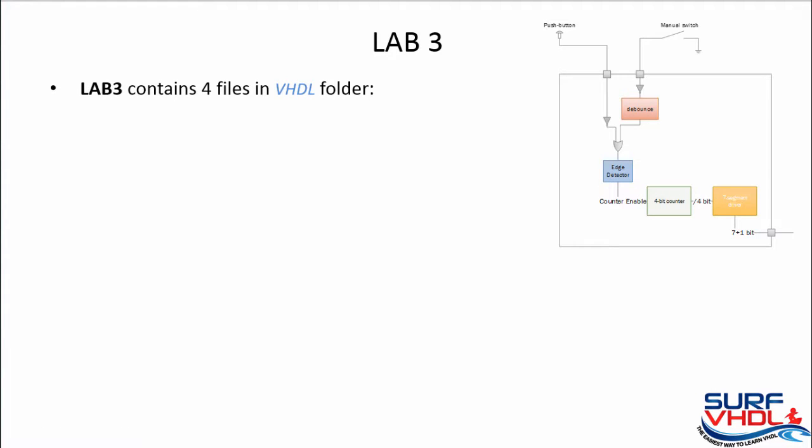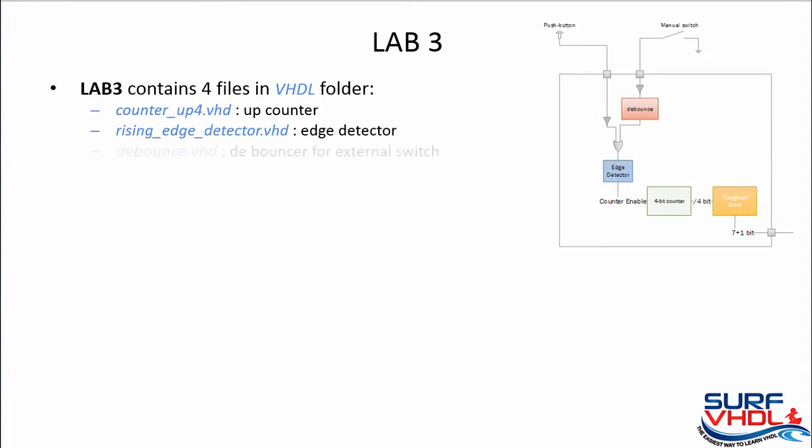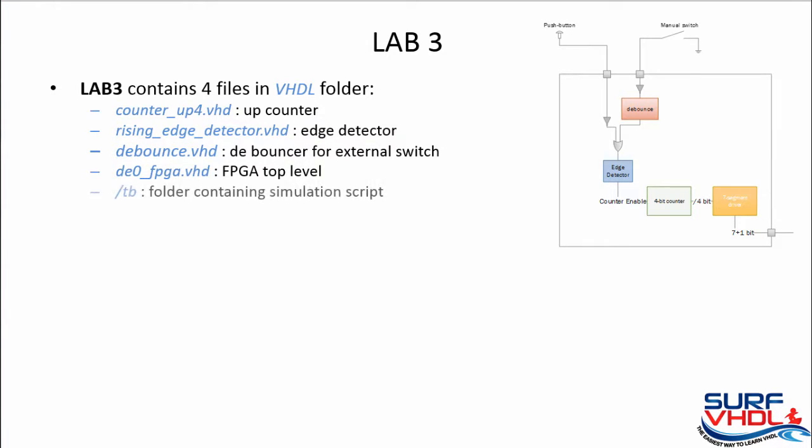So go in the lab3 folder, and in the VHDL folder you will find 4 files: counter app, rising edge detector, debounce.vhd, and the top level DA0 FPGA. There is also a TB folder containing the simulation script. Open the file debounce.vhd and complete the code in order to design the debounce logic.